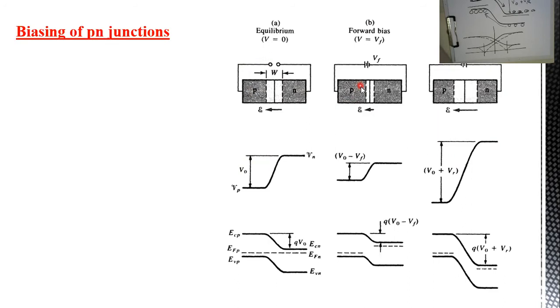If you add voltage, in the forward bias, but as you can see, this is still smaller than the built-in potential, then this is the potential, and this is the energy diagram. And of course, this is the other condition. When you have a reverse bias, then the barrier increases, and this is the energy diagram. So these are the three typical conditions.